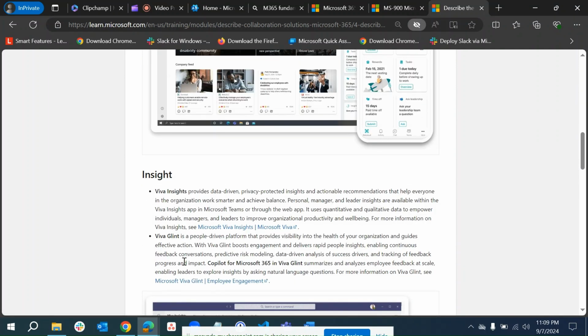Insights and Viva Glint. So Insights provides data-driven, privacy-protected insights and actionable recommendations for everyone across the organization to work smarter and achieve their personal as well as work-life balance in their daily or routine work, right? And that is when Viva Insights is going to give them actionable recommendations on what they should do.